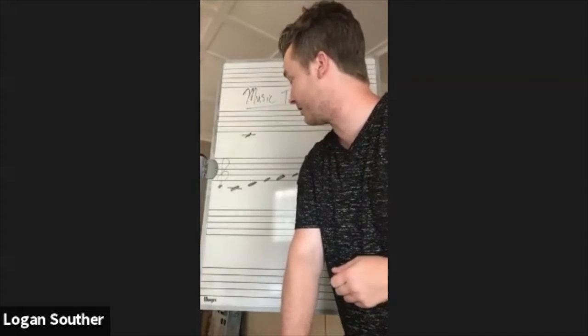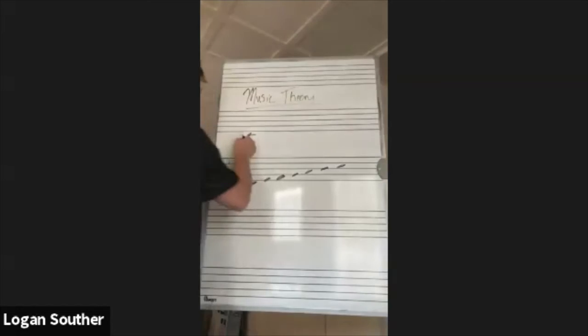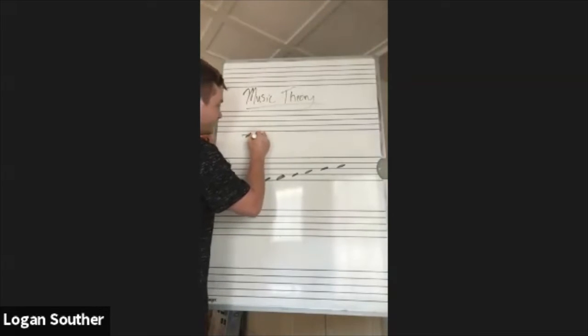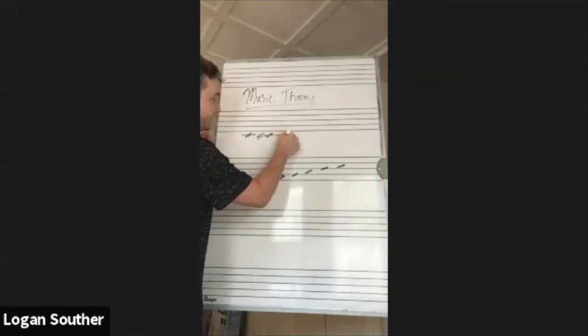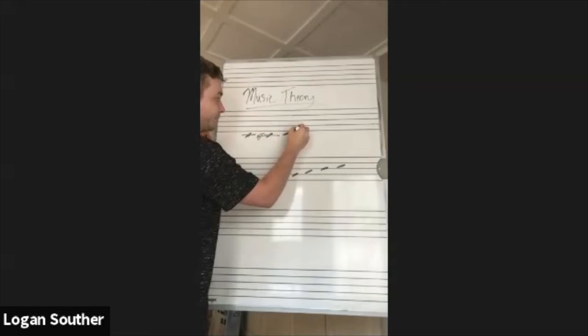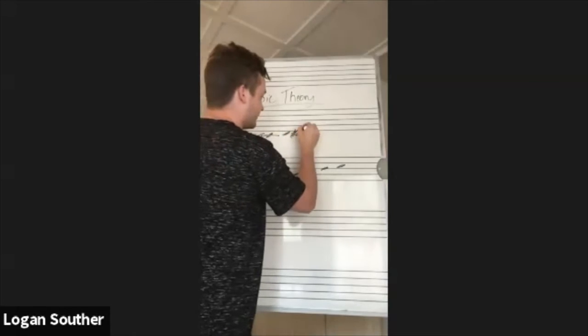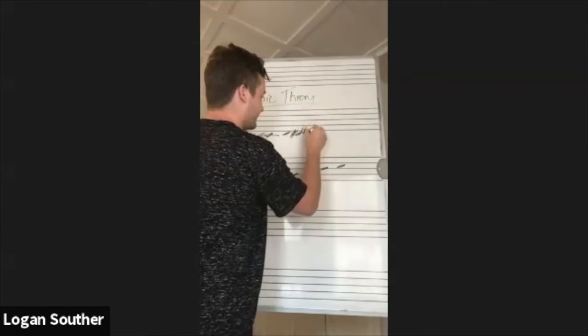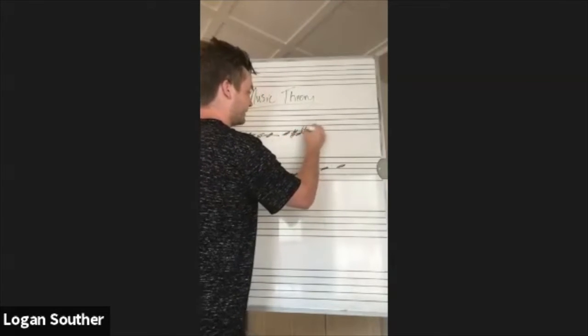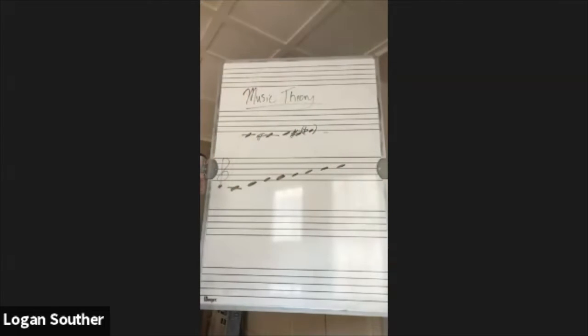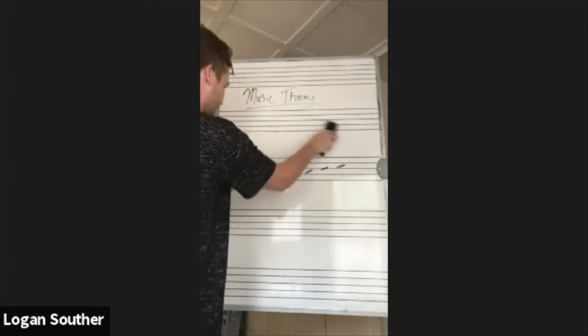The next note up from C is C sharp. The next note up from C sharp is D. The next note up from D would be D sharp or E flat, etc. So these are half steps that go all the way up. We call that the chromatic scale. We'll get into that a little bit later on.